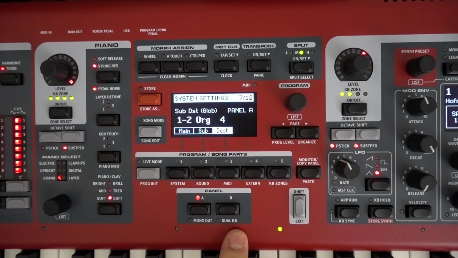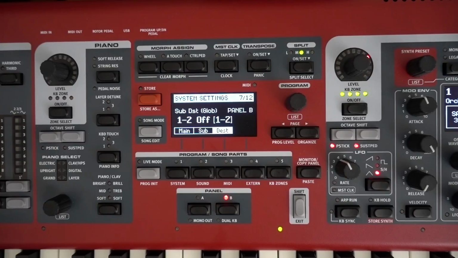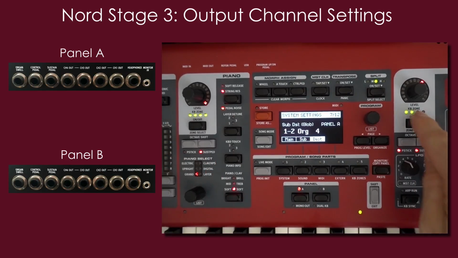Now, take this another level and you can click Panel B, and now you've just realized you get a whole nother set of routing options. So this becomes really interesting. So let's just say that I'm going to turn my organ off here and just turn my synth on for Panel B. And then I'll go back to Panel A real quickly and just turn the piano on and turn the synth off.